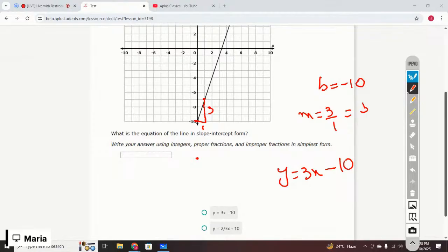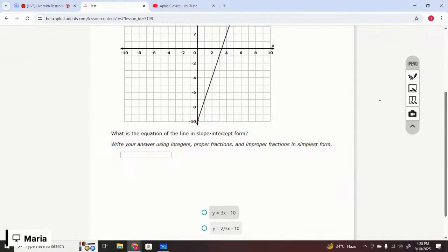Option number 1 is the correct option. That is y equals 3x minus 10.